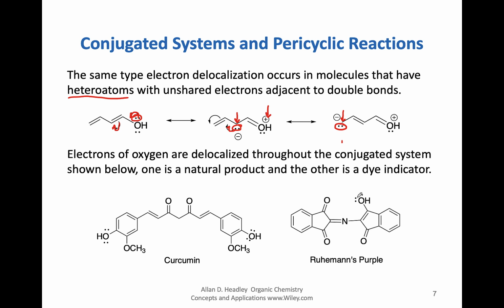Here are two pairs of electrons, and these can be delocalized all the way over to here. So we can show resonance structures here, and there's a delocalization, or the movement of electrons, across the atomic skeleton of a molecule. That gives stability to a molecule.